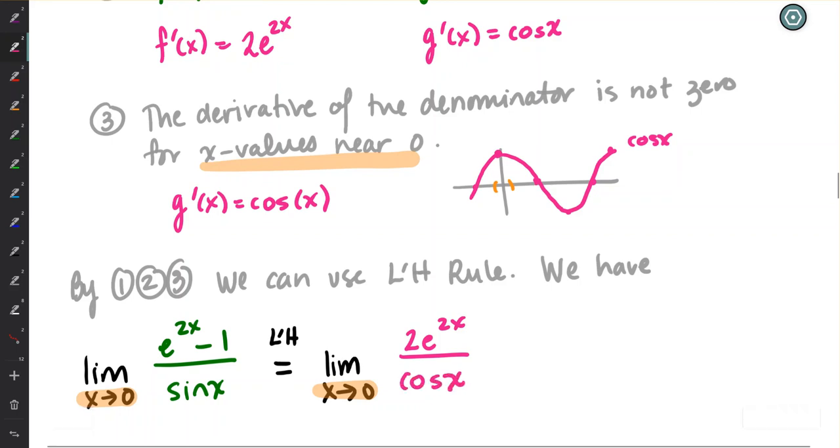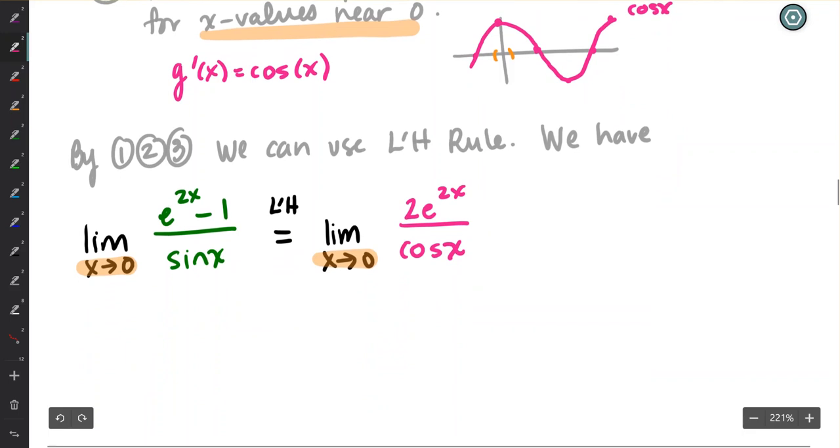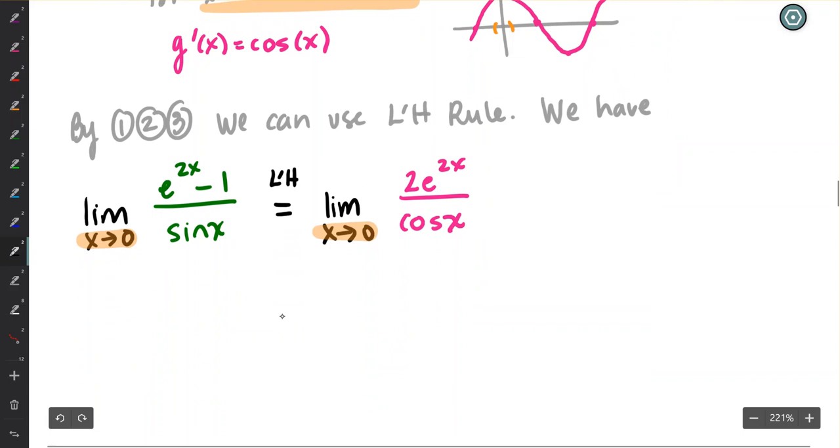All right, now I can evaluate this limit through direct substitution because of continuity. Everywhere I see an x, I'm going to put a 0. 2e to the 2 times 0 all over cosine 0.